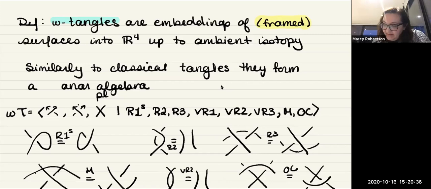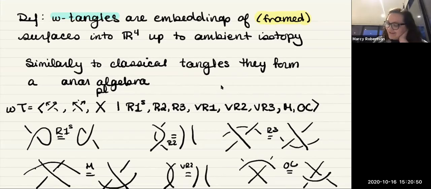Oh, my planar disappeared. Had a cat assisting with writing this talk. So, to classical tangles, there, oh, there it is. The PL moved down there. Anyway, they form a planar algebra. So here's the presentation as a planar algebra.